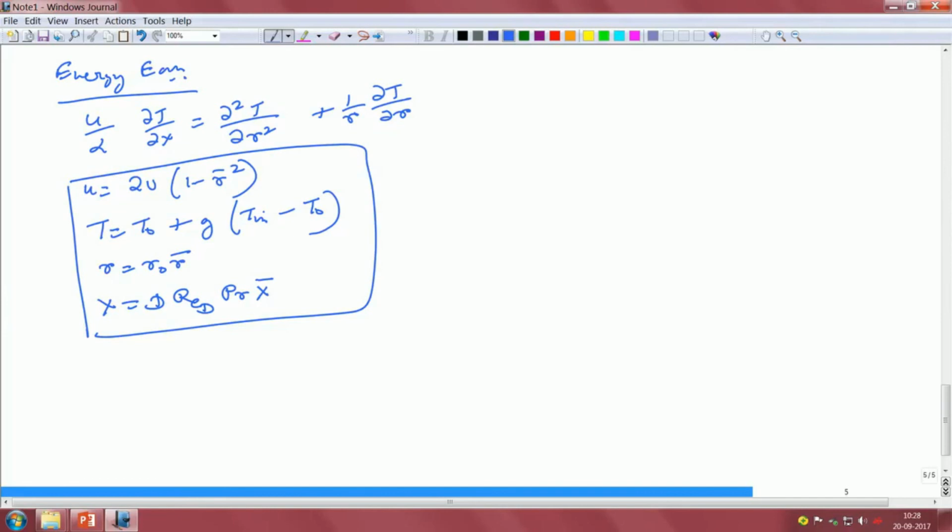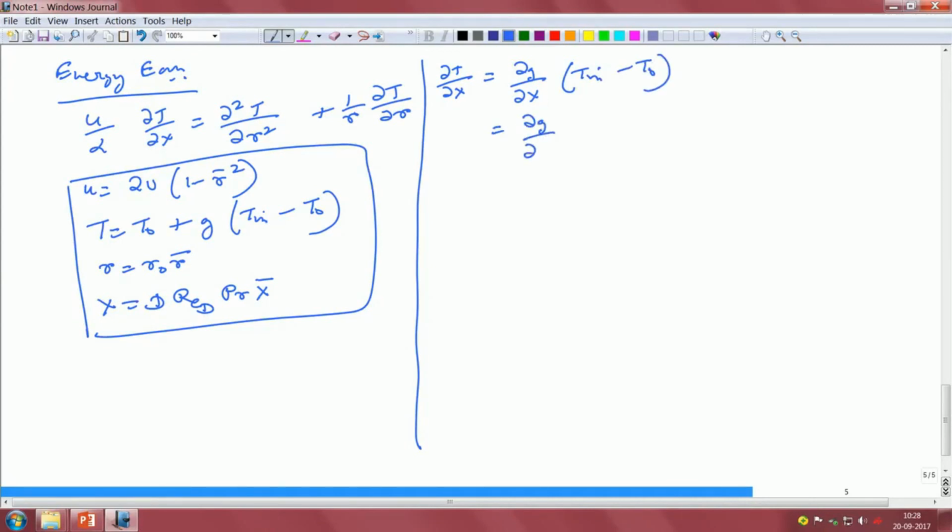Okay, so let's take term by term, that is easier for us to do, because that would give us that flexibility, and then we can assemble all the terms together. So, dT by dx is equal to dG by dx times T_in minus T naught, which is basically equal to dG by dx bar times T_in minus T naught divided by D Reynolds number D into Prandtl number.